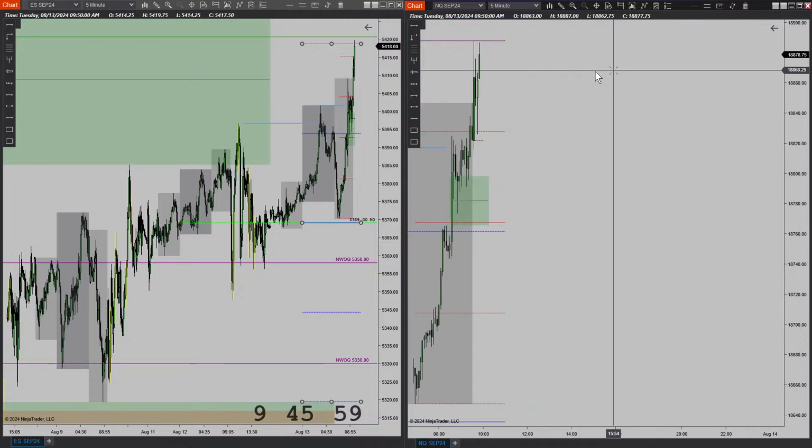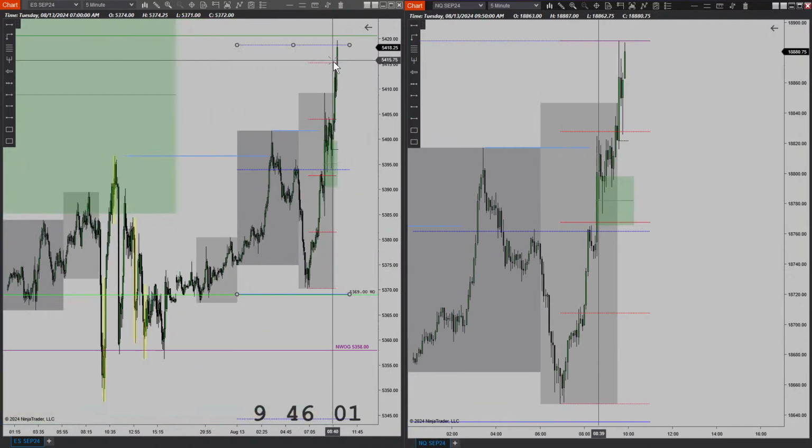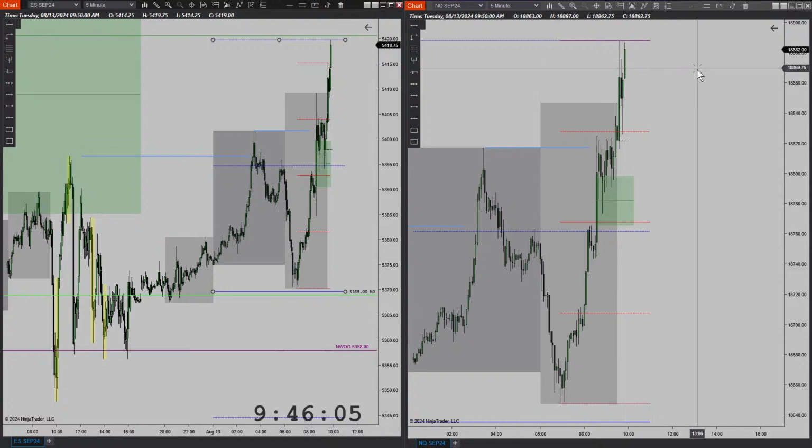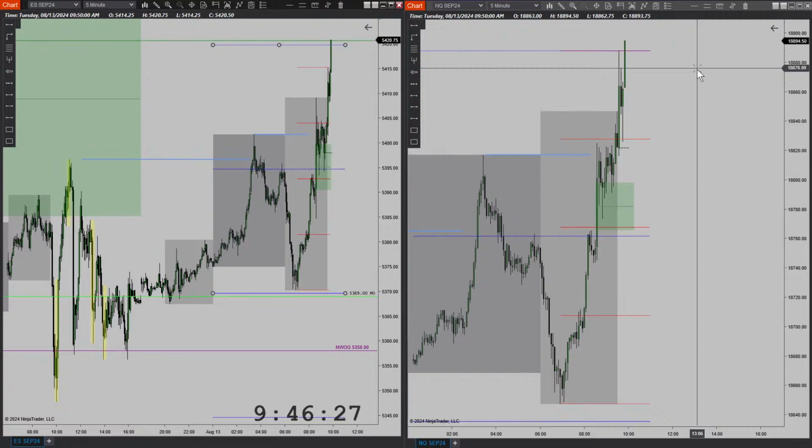And Q did not break that high. ES did. The displacement higher is substantial, so I am thinking of bullish order flow now.